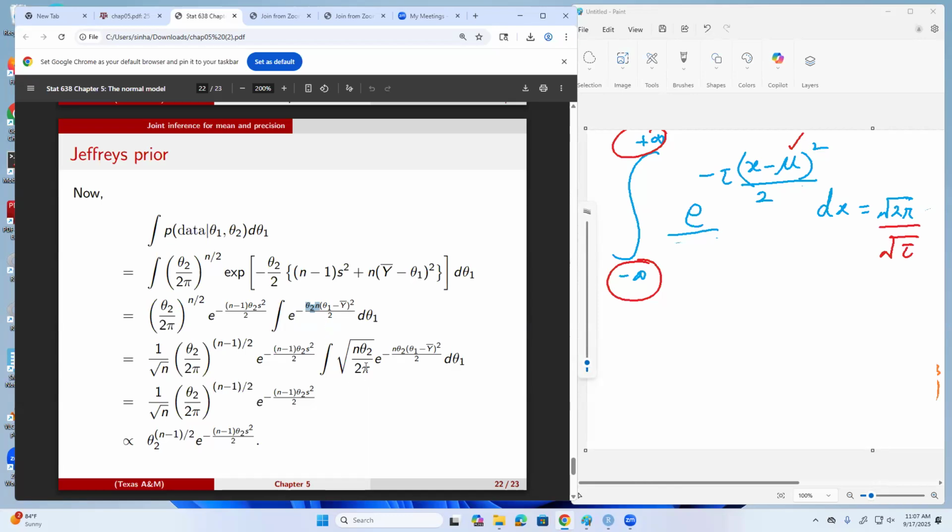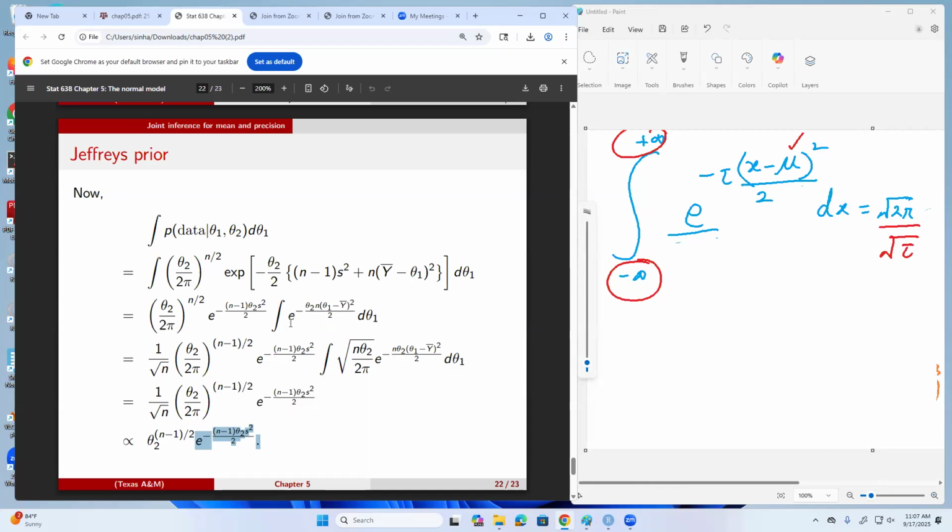With the square root sign. Where did I adjust that? I adjusted right here. I put the square root of n here and adjusted over here. So eventually it turned out it is theta 2 to the power (n minus 1) over 2 times e to the power of this guy.